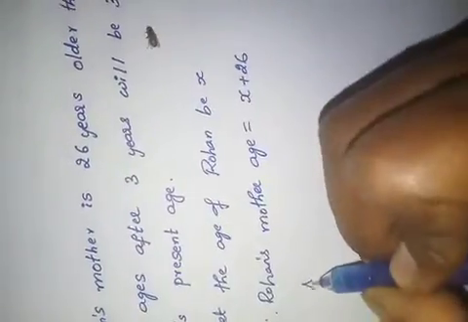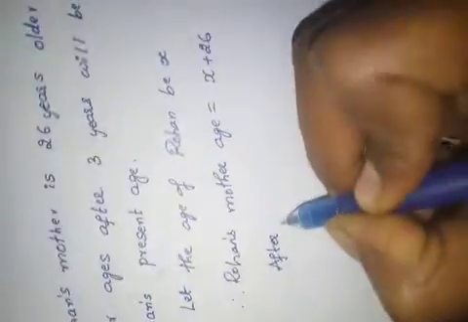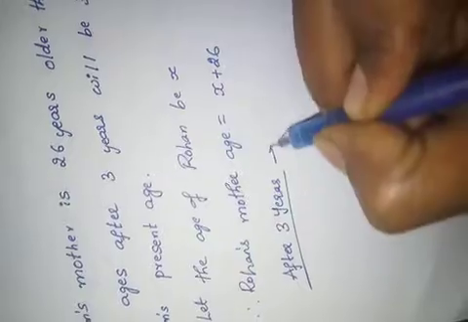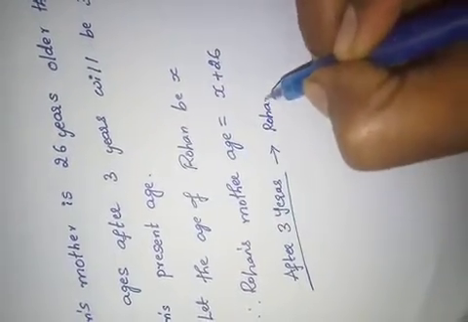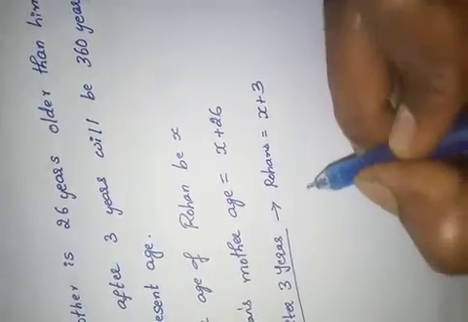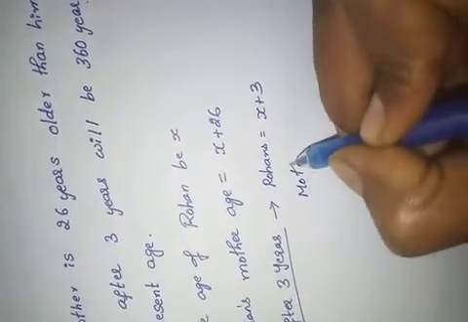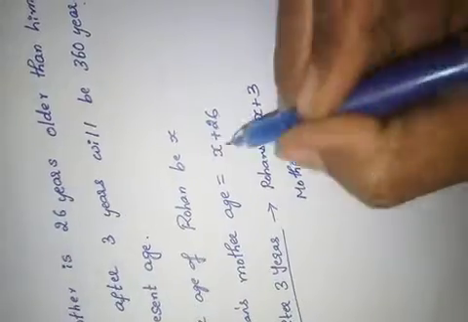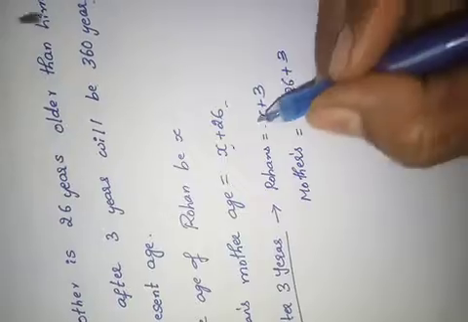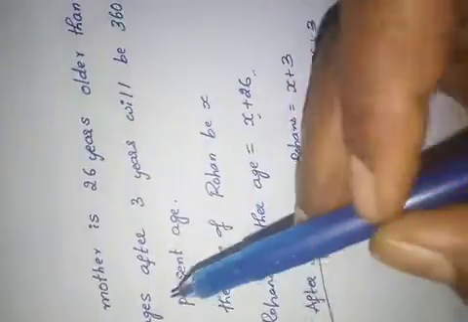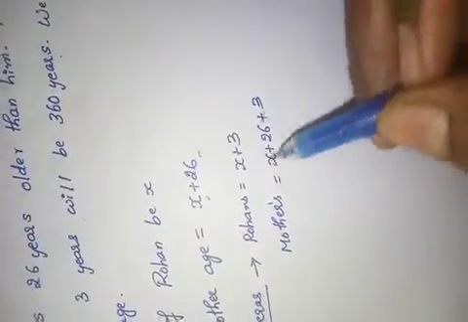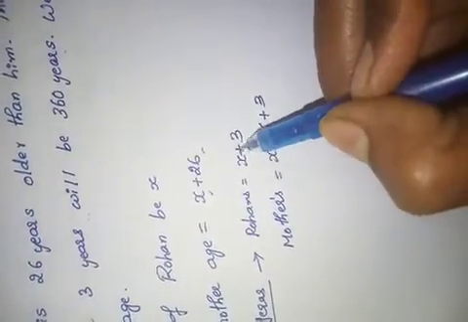After 3 years. After 3 years means, what is Rohan's age now? What will it become? x plus 3, no? Again, his mother's age, what will it become? x plus 26 plus 3. Why did we add 3 here and here? See, we are checking after 3 years. After 3 years completed means we must add 3 years, no?